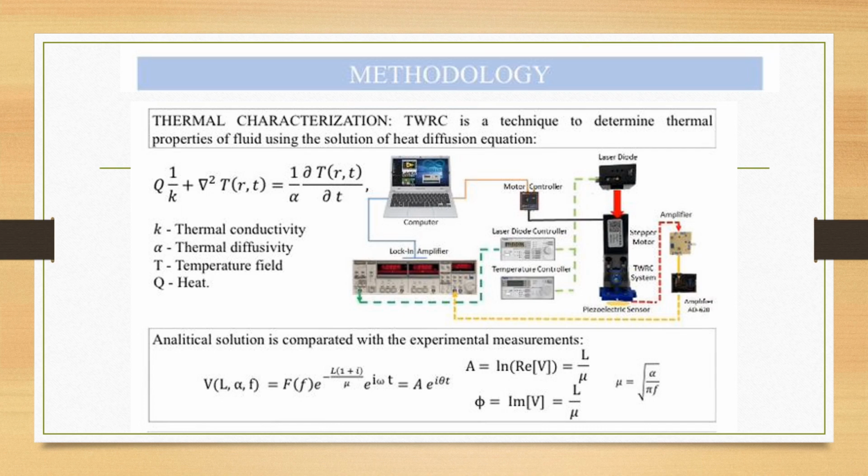The image on the right-hand side shows the experimental setup. Basically, we use a laser diode to produce a sinusoidal source. It induces heat in a silicon wafer, which transforms the radiation into heat, and the heat is propagated through the sample, in this case the emulsions, and received by the piezoelectric sensor.